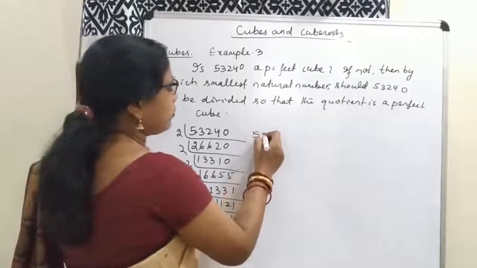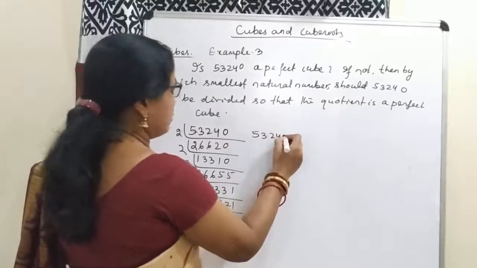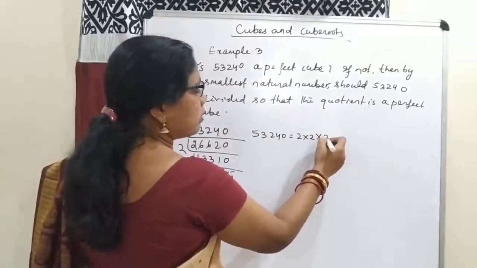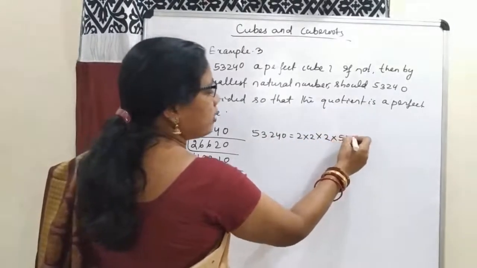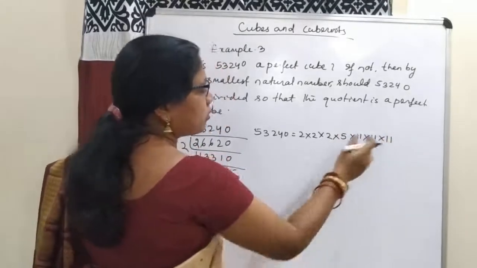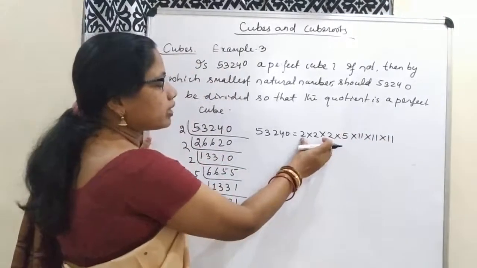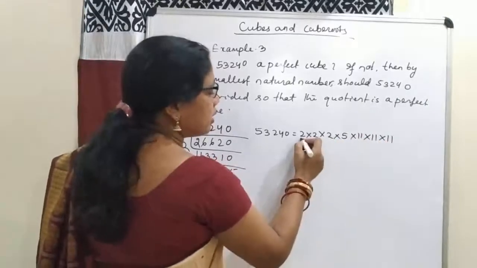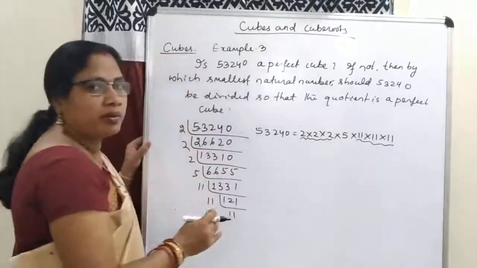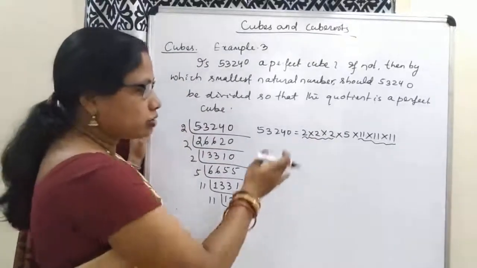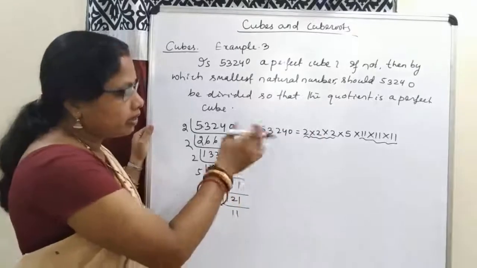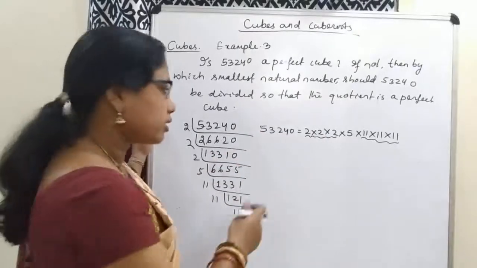So 53240 is equal to 2 multiplied by 2 multiplied by 2 multiplied by 5 multiplied by 11 multiplied by 11. So 3 2s are there and 3 11s are there. So we can group them, but one factor 5 is the odd one. So if we divide 53240 by 5, then the quotient will be a perfect cube.